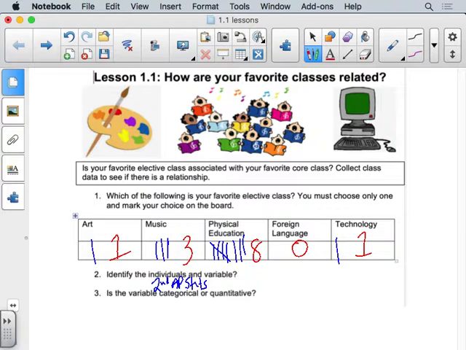You are the AP Stat students, you're not AP Calc, you're not regular geometry, so that could be a difference that we might need to note. Variable, so what's our variable? The favorite elective classes. Okay, yeah, favorite elective. So you can think about it as who did I experiment on or survey, and then what was I asking them about. Who was I asking, what was I asking about?